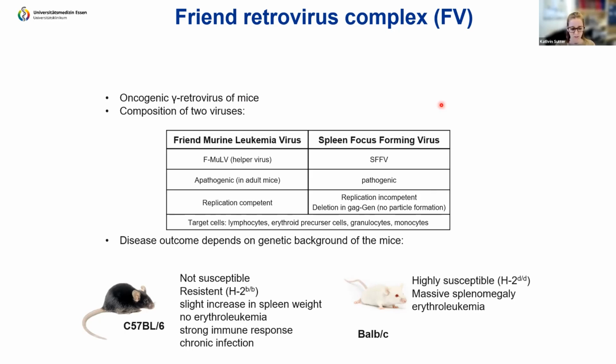It also has an inhibitory factor which really downregulates the interferon response, so that if you look during the infection, you can never measure any interferon in these mice. When you take the plasma of the mice and do an ELISA, you cannot measure an induction of type 1 interferon during Friend virus infection. What you can see is a slight increase when you look in the spleen cells. Yes, there are some interferon stimulated genes upregulated during infection, but it's not a really strong interferon response.